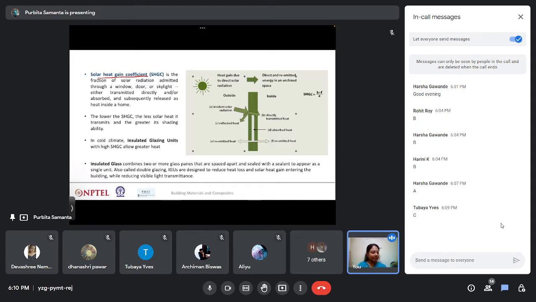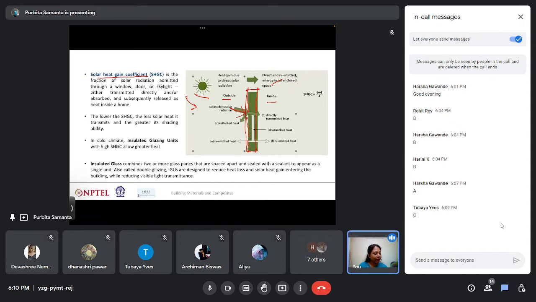When we look at this particular image, you can see that this is a fenestration, or an opening. This is the outside, and you can see the sun over here, and this is the inside space. Now what happens? Due to the solar radiation, this is the incident solar radiation you can see.